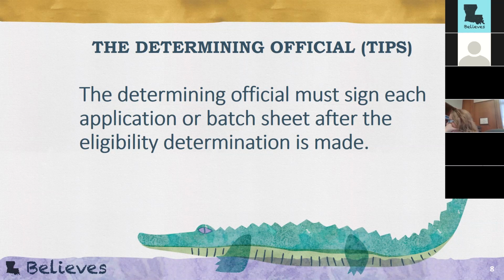Three, calculating and or evaluating the application for eligibility. And four, assigning and recording free and reduced status on each application or batch sheet. The determining official must sign each application or batch sheet after the eligibility determination is made.